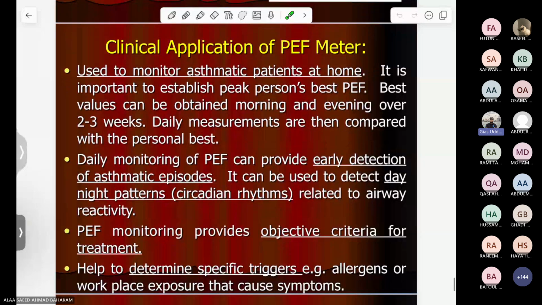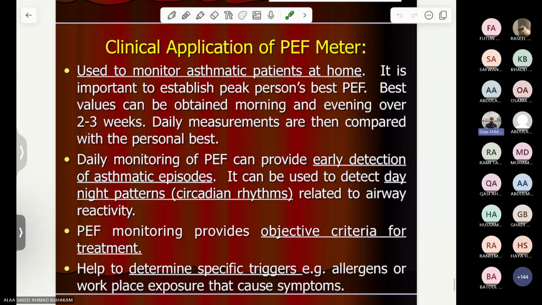Now, daily monitoring of the PF can provide early detection of an asthmatic episode. So this morning he did this PF measurement and saw it is 400. So he can predict that he might have an asthma attack coming. He can prepare himself by taking more bronchodilators or talking to the doctor about what to do.